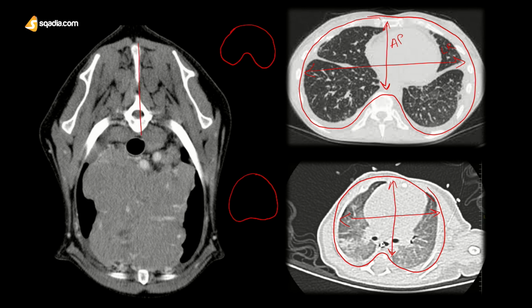So the anteroposterior diameter is much greater than the left-right diameter, as you can see over here. This is the transverse section of a horse, and this is of an adult human being. Okay, so let's move on to the overview of the thoracic wall.